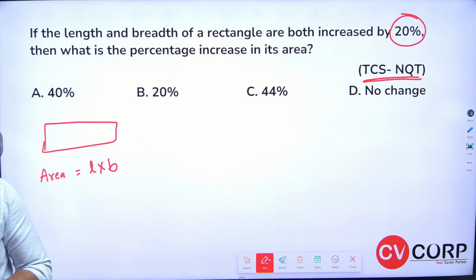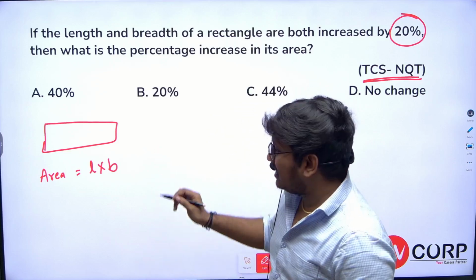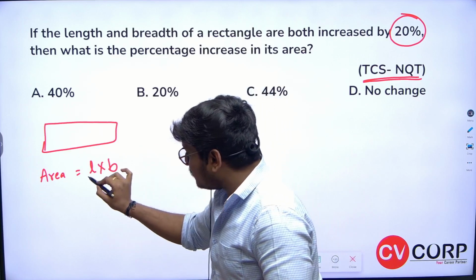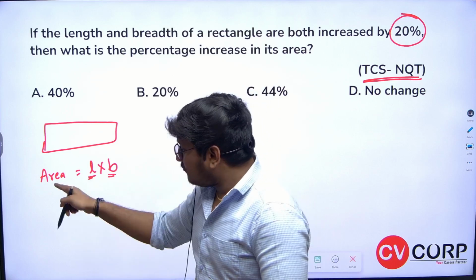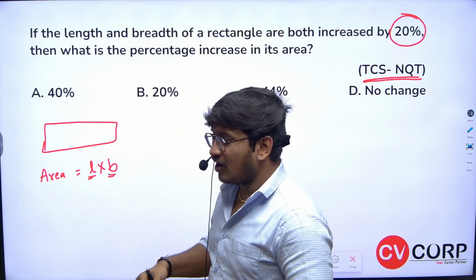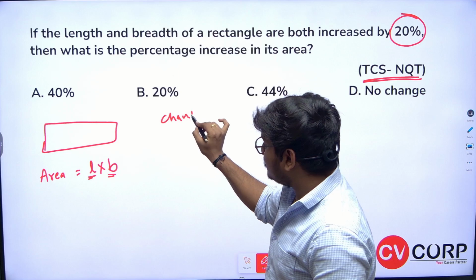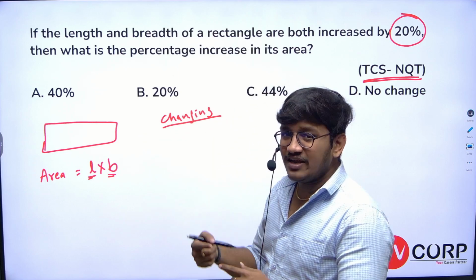That's actually the question. Now, how to solve this question: I'm just assuming initially the length of the rectangle is L and the breadth of the rectangle is B. So what will be the area? L into B. Now after changing, length is increased by 20%.